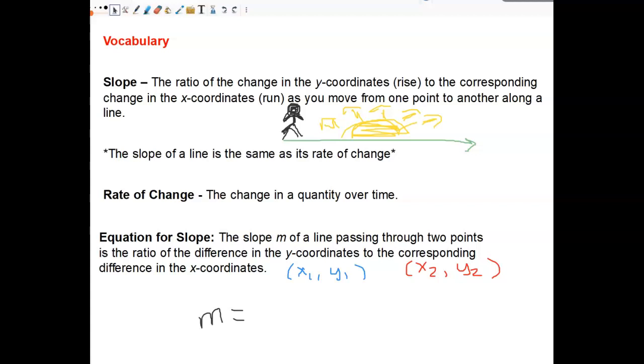So slope is the change in the first point with the change in the second point. You have to match the points to each other. X2 and Y2 sit with each other, and Y1 and X1 sit with each other.